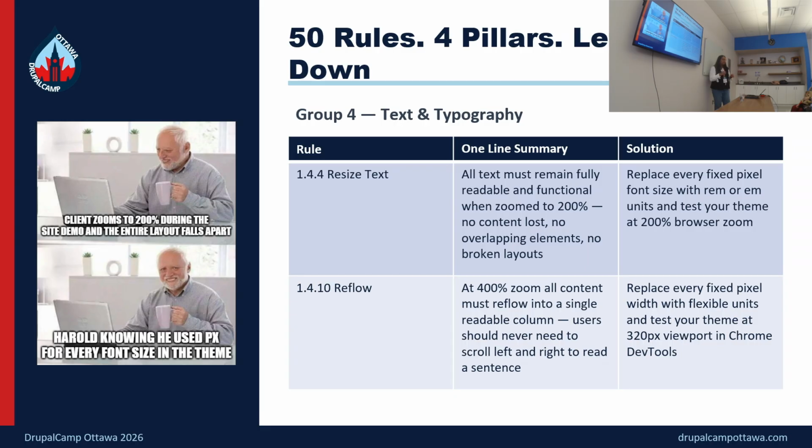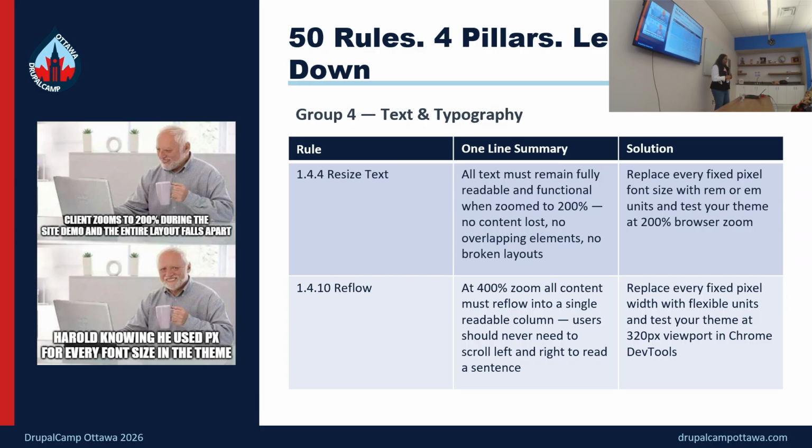For example, if you zoom in on the screen and the text is broken, overlapped, or creating a scroll bar, this should be taken care of under this rule. Simple solution: replace all the fixed units with rem or em, and test your theme at 200% browser zoom.